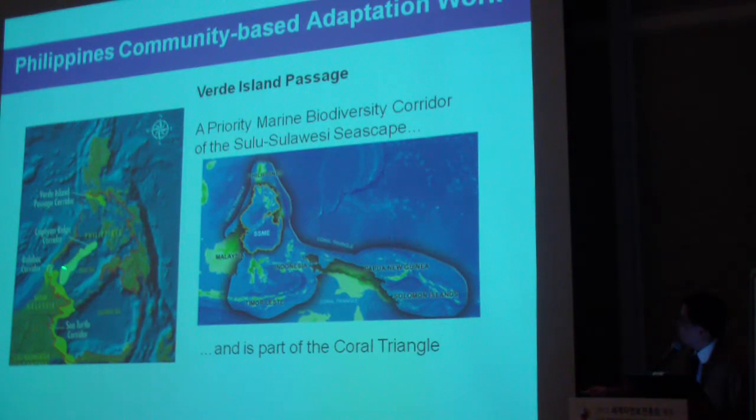We have the Balabac Ridge corridor, which is what we call the Tri-National Sea Turtle Corridor, because it is a corridor where three countries, Indonesia, Malaysia, and the Philippines, work together to protect sea turtles. We are working on a sea turtle network of marine protected areas, which we will soon implement.